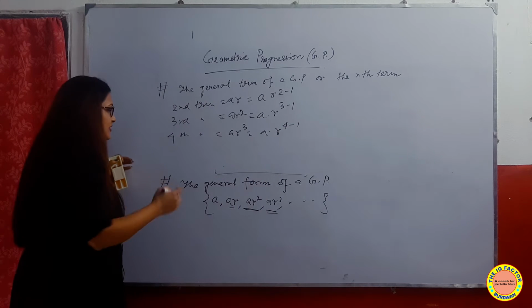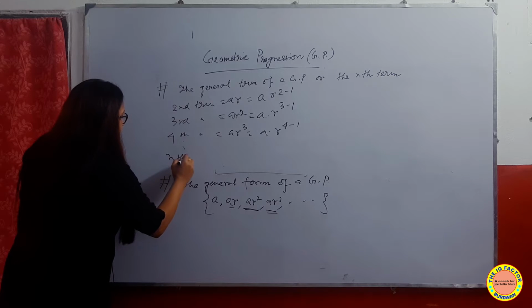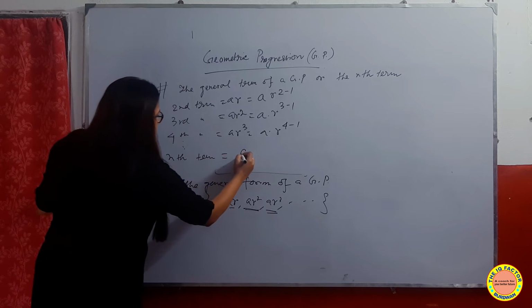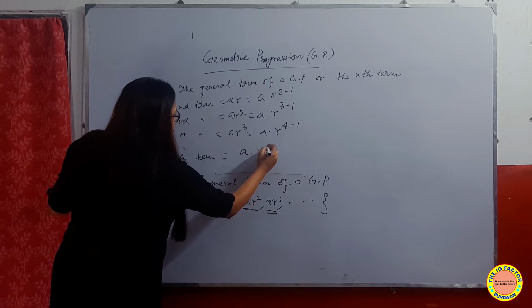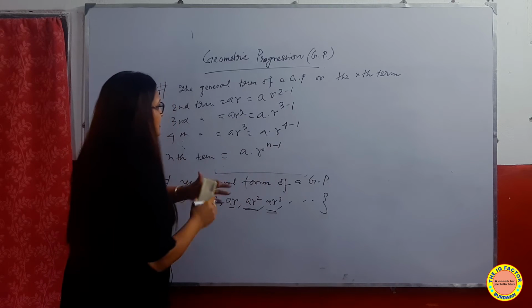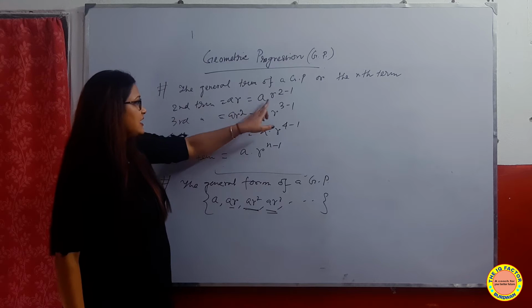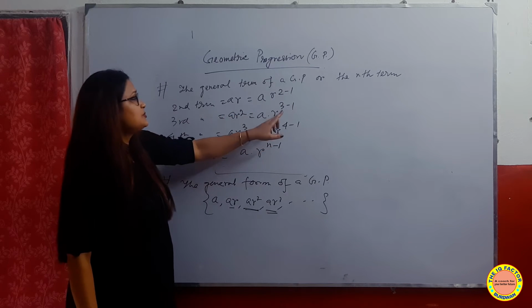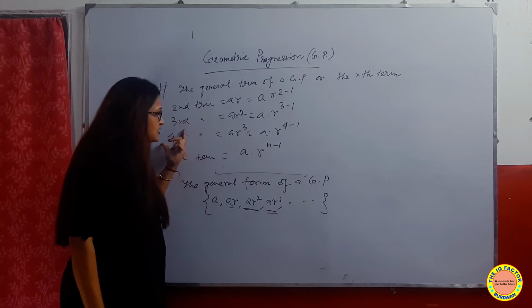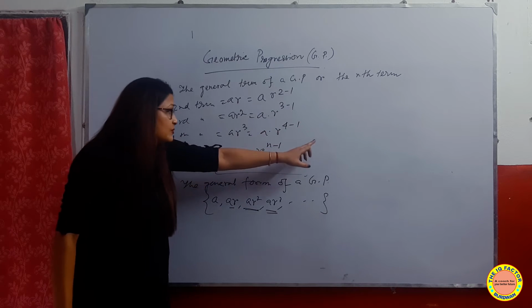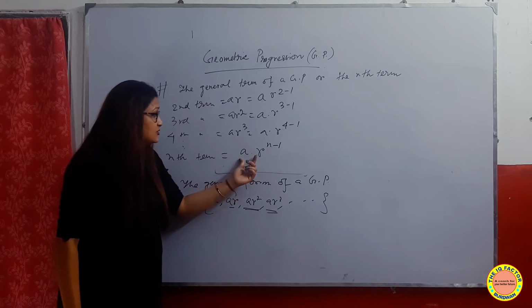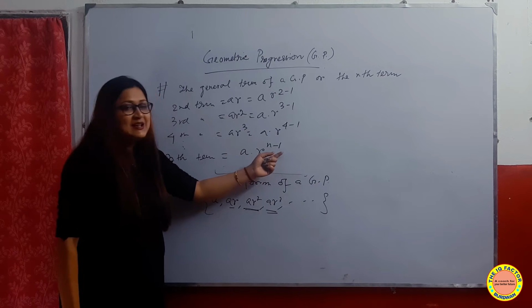So it's very simple to find out or to tell the nth term, which is A R to the power n minus 1. If the second term is A R to the power 2 minus 1, third term is A R to the power 3 minus 1, fourth term is A R to the power 4 minus 1, then simply the nth term is A into R to the power n minus 1.